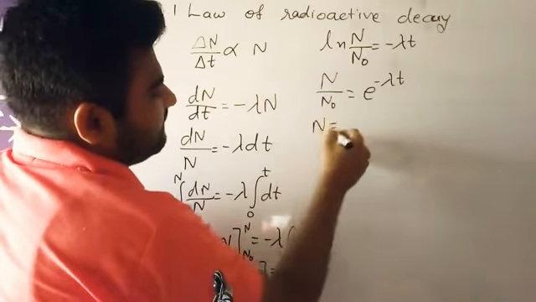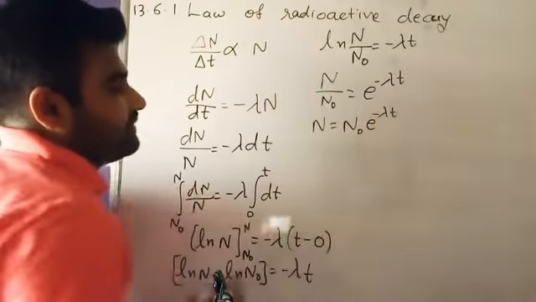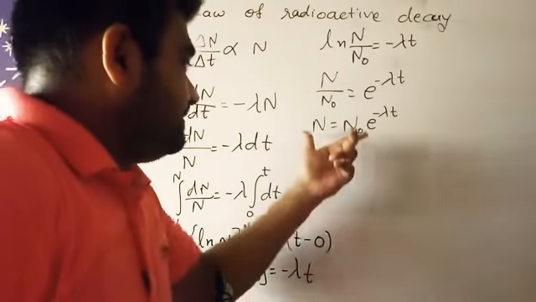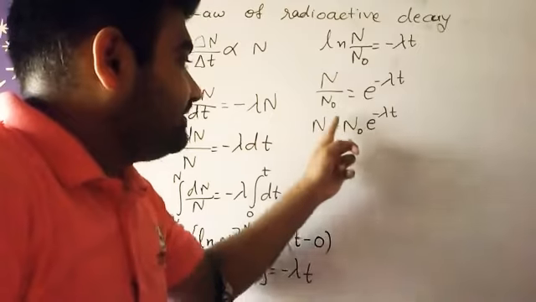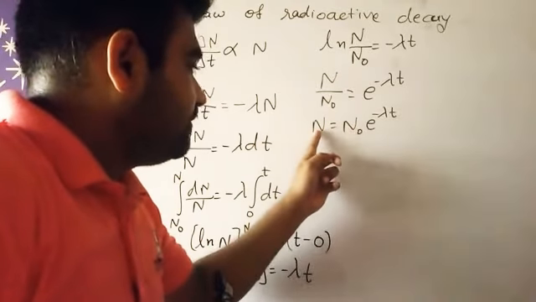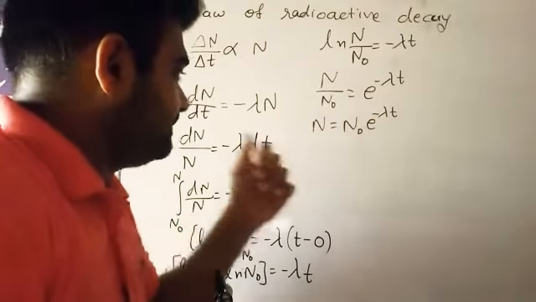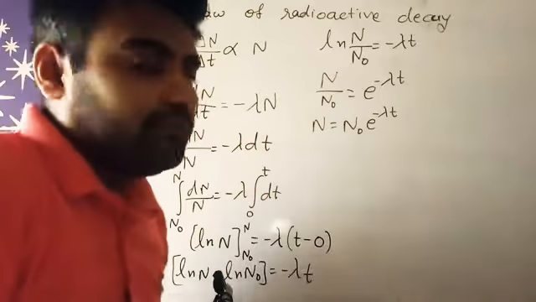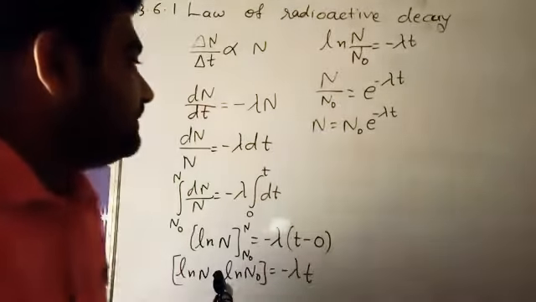So our last equation will be N is equal to N0 e raised to minus lambda t, right? Here N0 is the number of nuclei initially, and N is the number of nuclei at time t. With this equation we can find the number of nuclei remaining inside the atom, right?